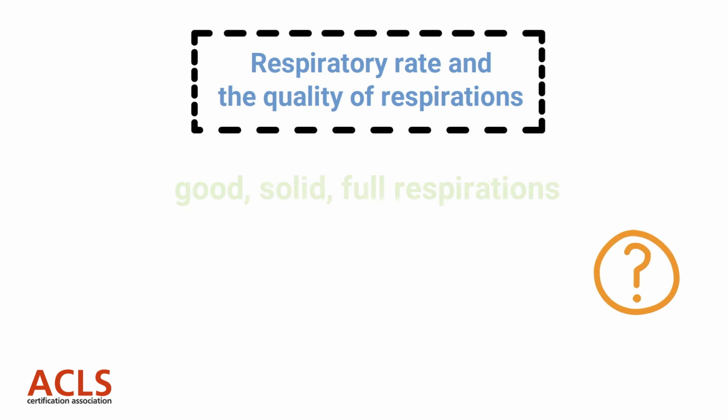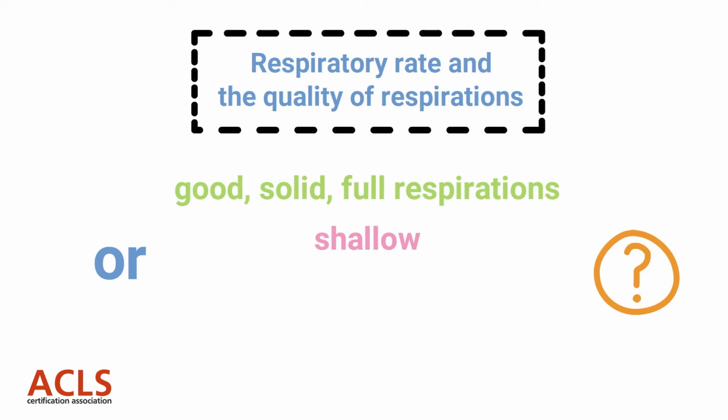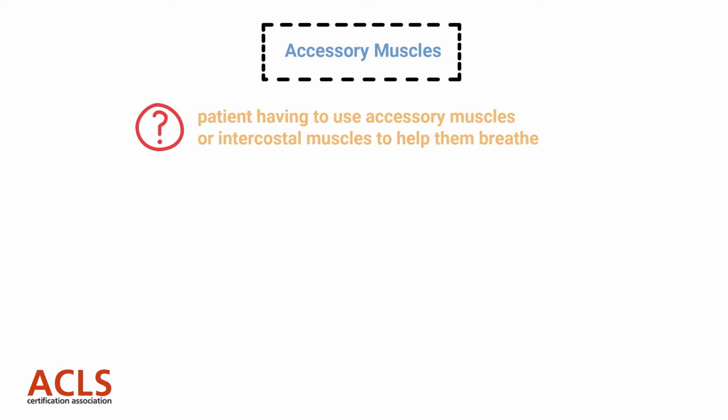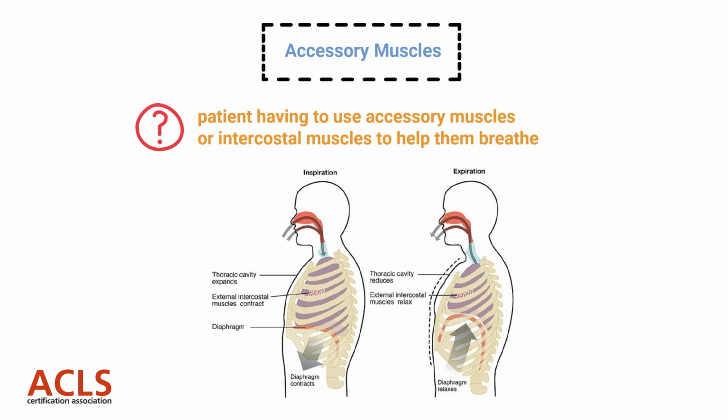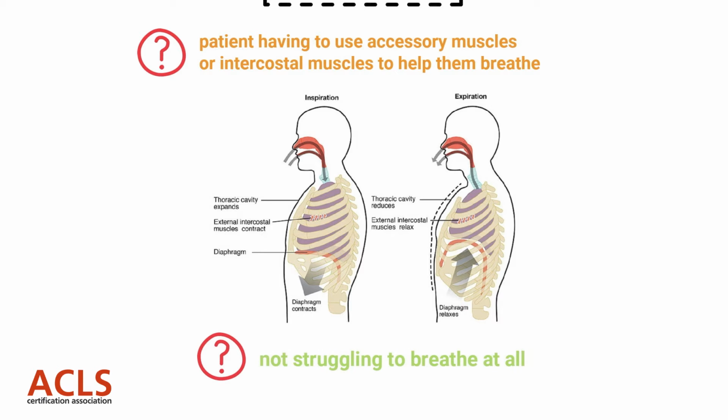Are they good, solid, full respirations, or are they really shallow, and are they breathing too fast? Are they breathing too slow? Accessory muscles. Is your patient really having to use those accessory muscles and those intercostal muscles to help them breathe, or are they not struggling to breathe at all?